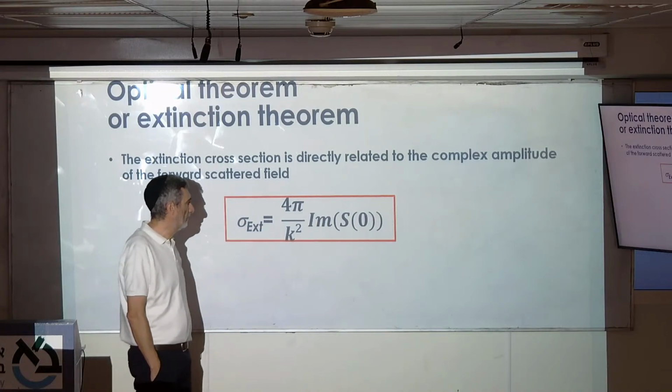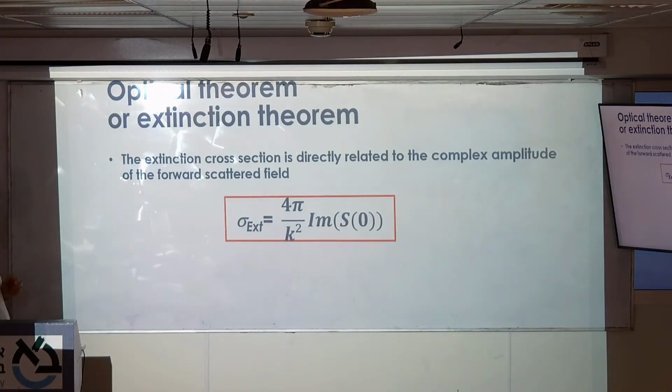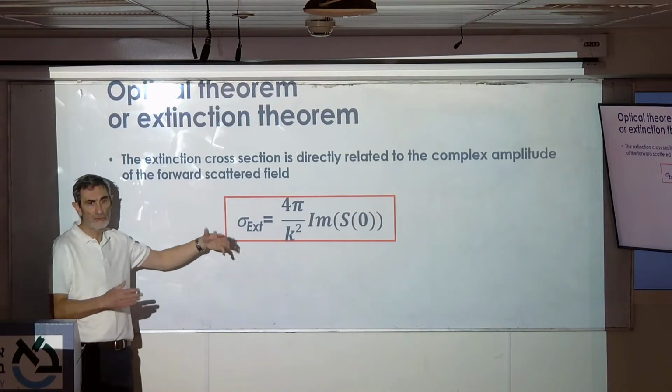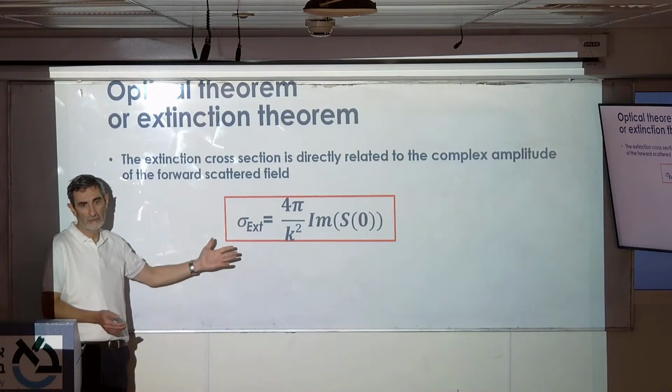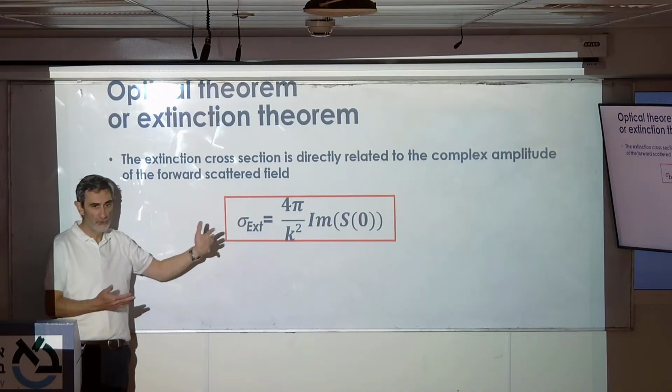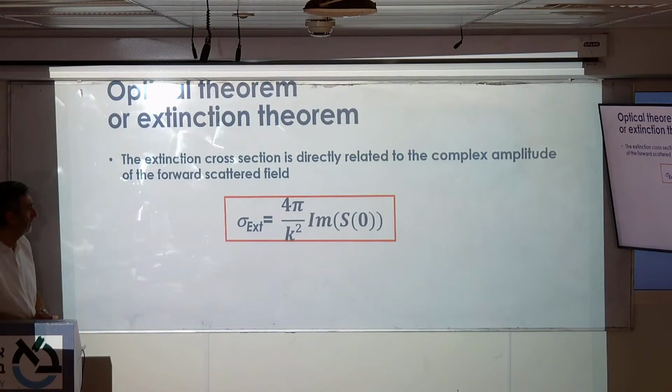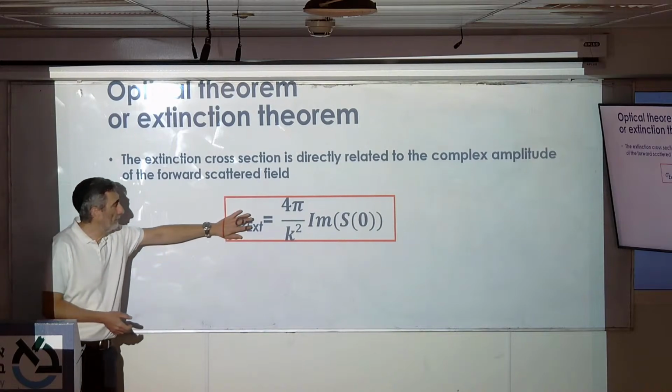The extinction includes both the scattered and absorbed field. Part of the field is scattered in all directions, part of it is scattered in the forward direction. Now the amount of energy which is lost in the scattering is related to the light that is scattered forward.